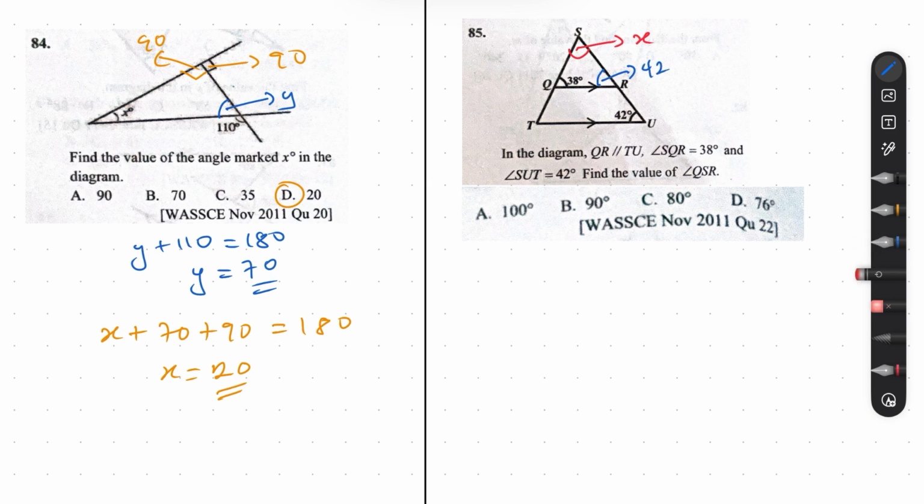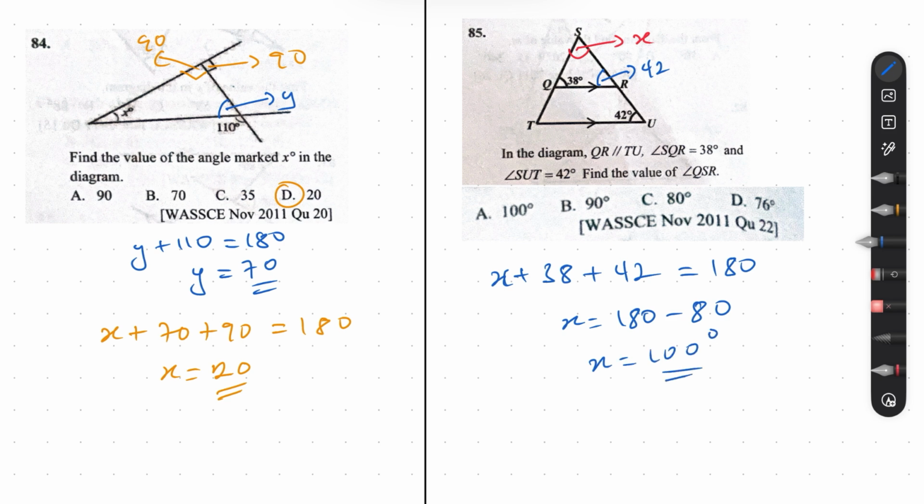Finally, when we add 42 plus x plus 38, we should get 180, because this is a triangle and its interior angles add up to 180. So x is equal to 180 minus 80, so x equals 100, which is A.